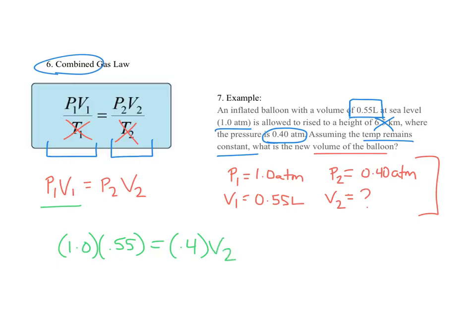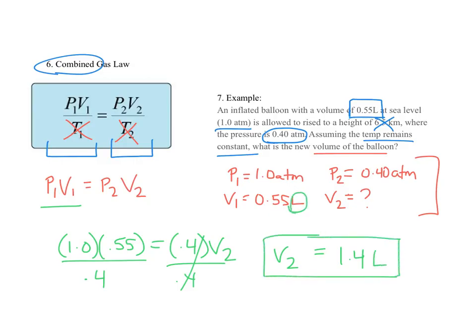So you need to divide both sides by 0.4, and that will give you V2, which is 1.4 units. Since I had liters right here, the unit that I'm solving for is also going to be in liters. Okay, so you need to look at the problem, see what you're working with, see what variables you have to plug in, see what's constant, figure out what equation to use, and go from there.